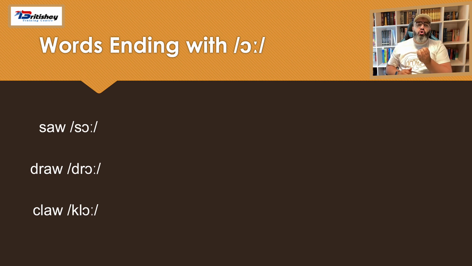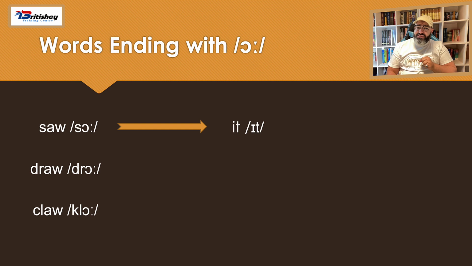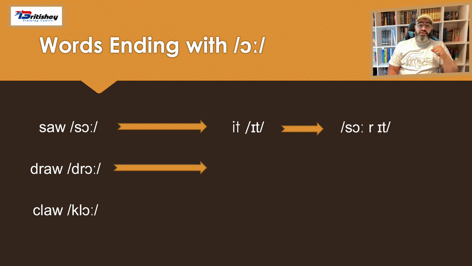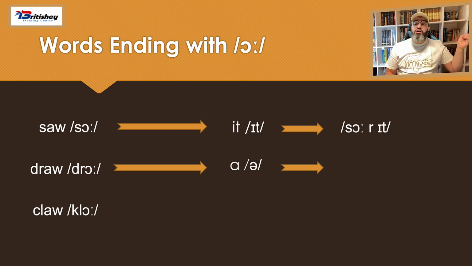Examples, saw, draw, claw. Now let's see with saw. So imagine that you want to add it. In British and Australian English, you would say saw it. Draw. In British and Australian English, when you want to say draw, you don't say draw, you say drawer, like draw a picture.